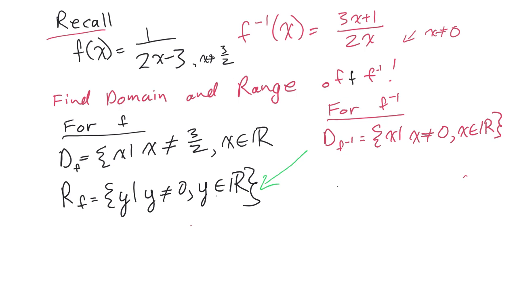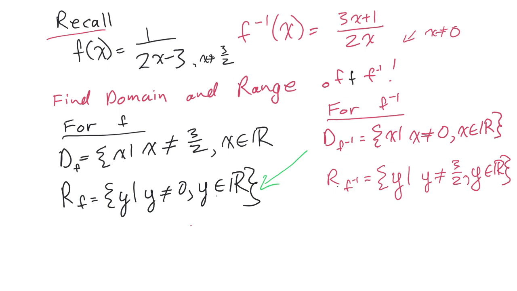And then, if you think about it, the range of the inverse is literally going to be all of the y values such that y is not equal to 3 over 2, where y belongs to all real numbers.